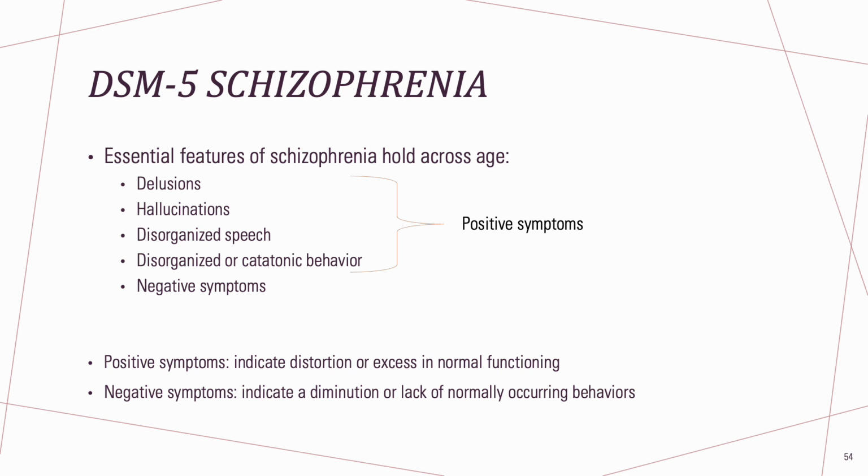This includes delusions, hallucinations, disorganized speech, disorganized or catatonic behavior, and negative symptoms. The first four are what we call positive symptoms, and the last one is the negative symptom.